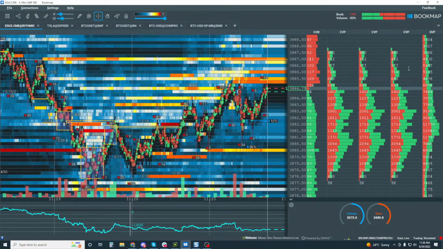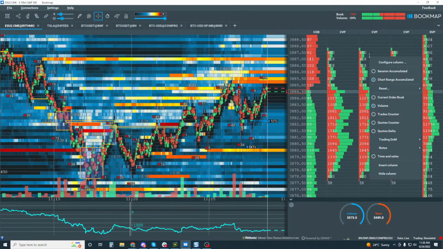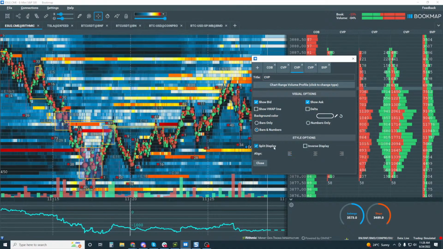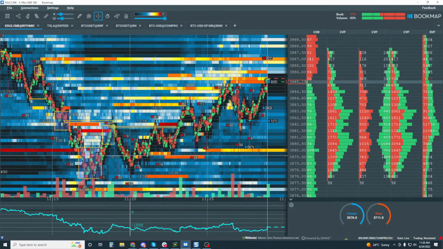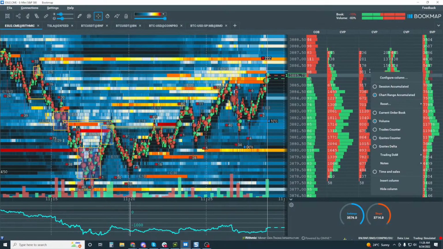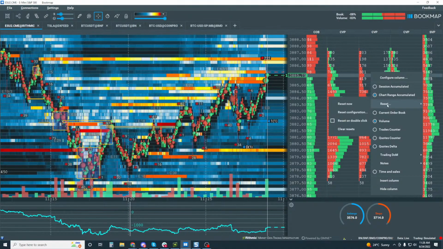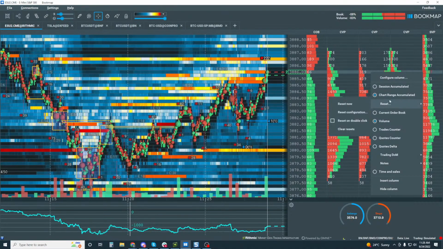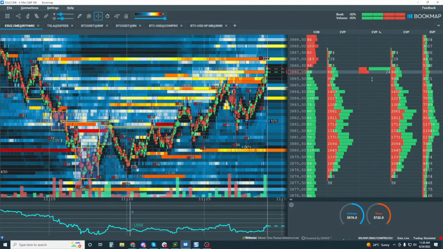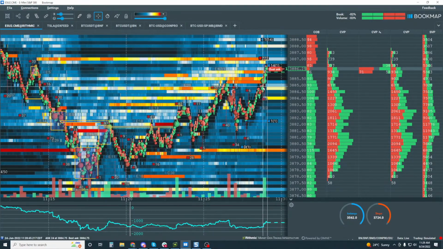Here, we'll just keep this one regular over here. The one in the middle here, I'm going to configure and split it out. So you can look at the split volume too. Try to understand who might be in control. In fact, you can even reset these. If you have double click reset on, reset it, and then look who is in control now.